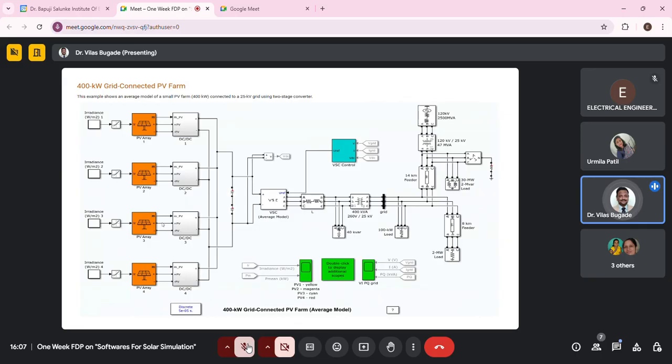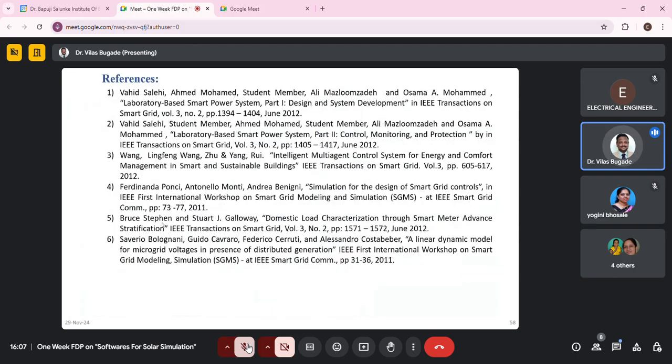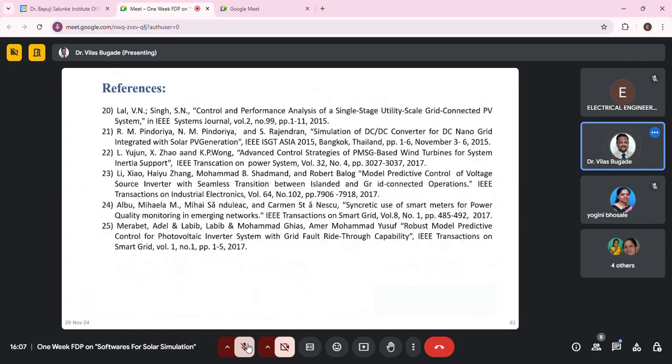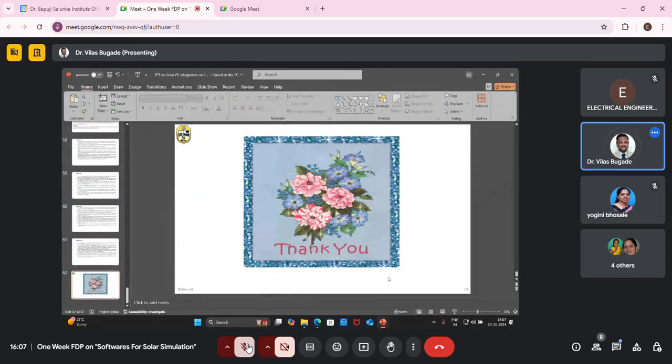They are even giving it for irrigation purposes, where a pump water circulating system is there, and if three phase supply is there, students can make their own project hardware setup and take that work forward in the form of research. This is my initiative. These are some references. This is my presentation.